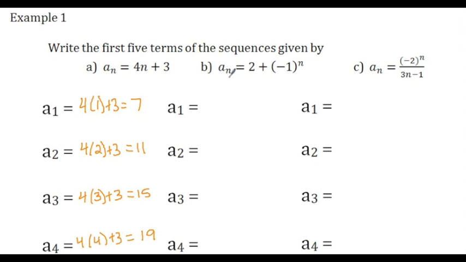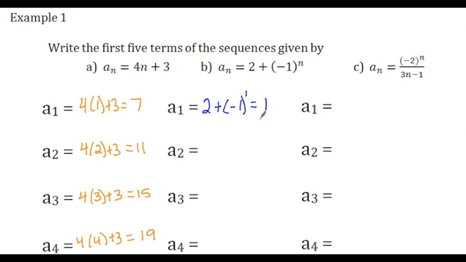Okay, part B says a sub n is equal to 2 plus a negative 1 to the n power. So here it gets a little bit tricky with the signs. It's really important that if you're doing that on your calculator, you put negative 1 in parentheses, because the negative is being taken to that power. A negative 1 to the first power is just a negative 1.